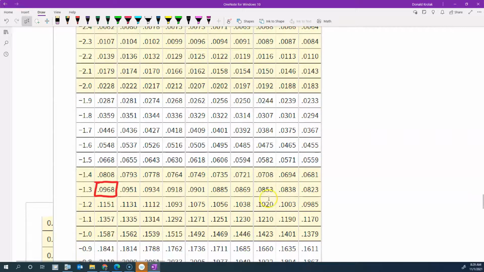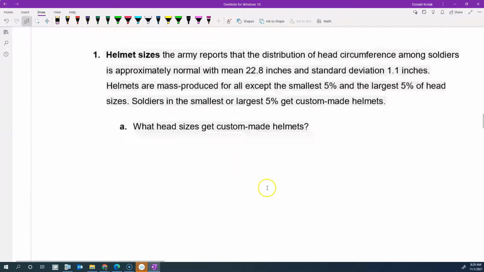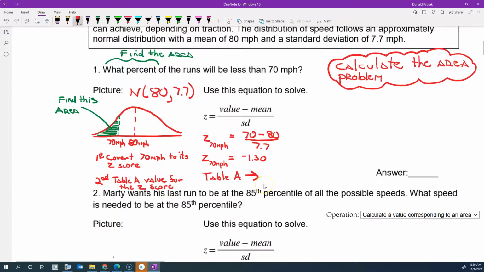Then I write that down, 0.0968. So that is 9.68%.